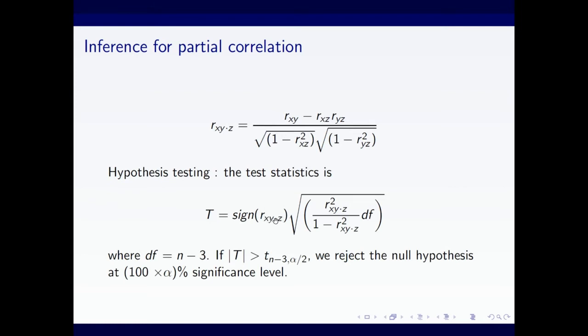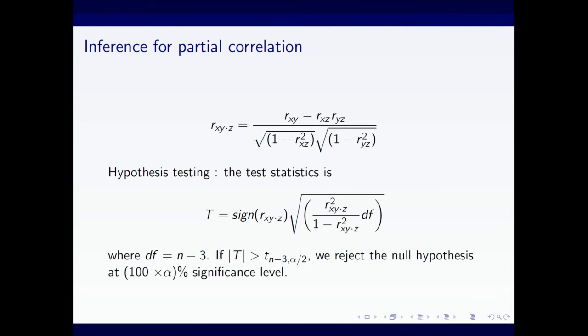If rxy dot z is positive, it returns plus 1, and if it is negative, it returns the negative value. That is multiplied by the square root of rxy dot z squared divided by 1 minus rxy dot z squared, times df, where df is the degrees of freedom.